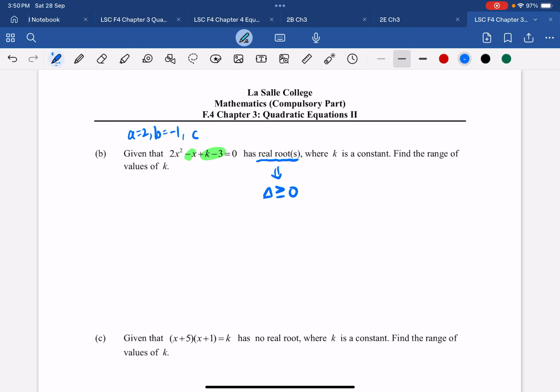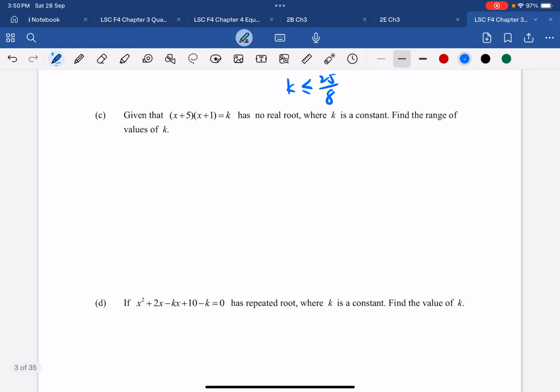Once you have the numbers, you just plug them in and solve the inequality. It will give you the answer of k smaller than or equals to 25 over 8. You can try the following questions and I will give you the numerical answer to check it.